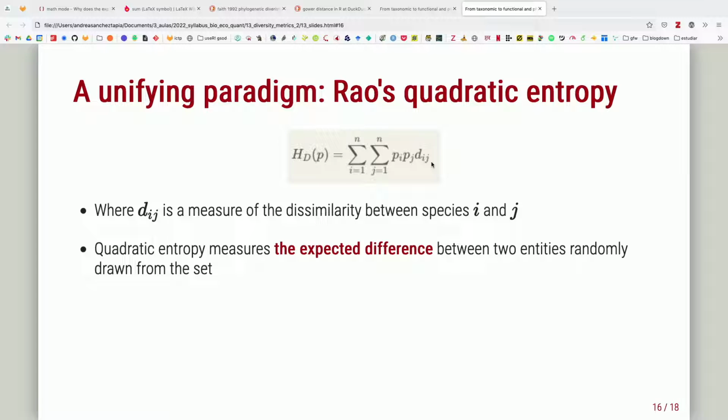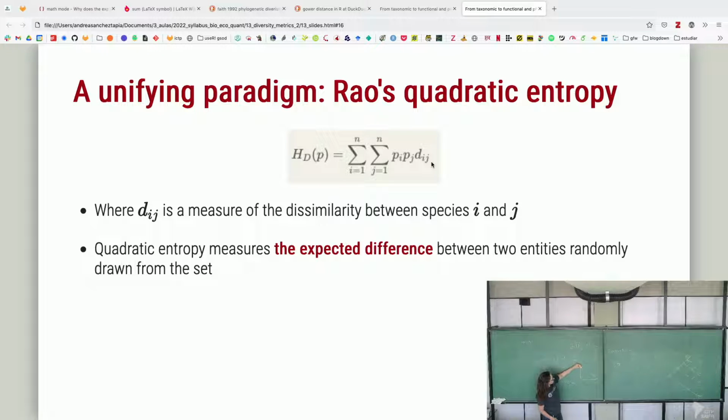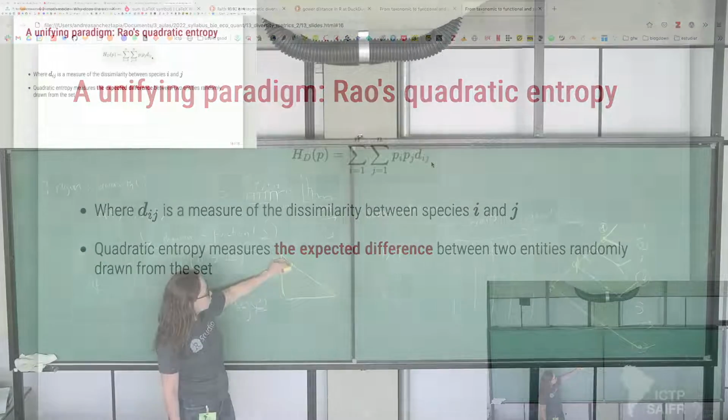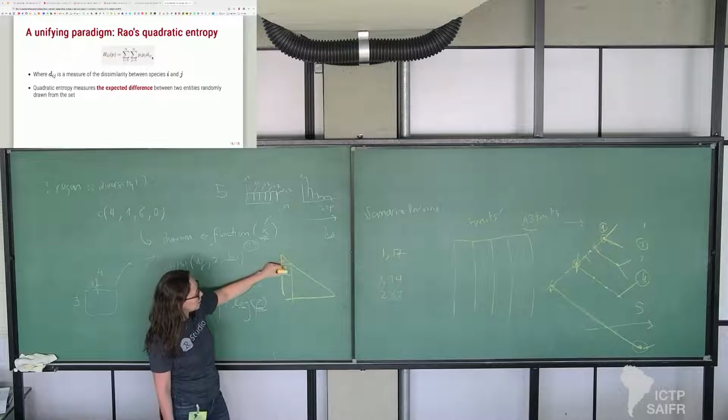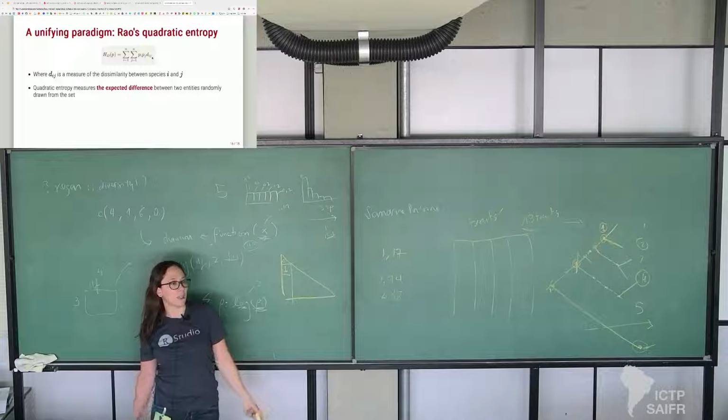And the trick is that in taxonomy, the pairwise distance between any species is a matrix that only has 0 and 1. So if you have two individuals that belong to the same species, their distance is 0 because they belong to the same species. If you have individuals that belong to different species, the distance between them is 1.